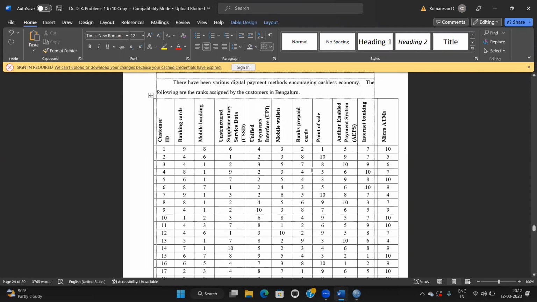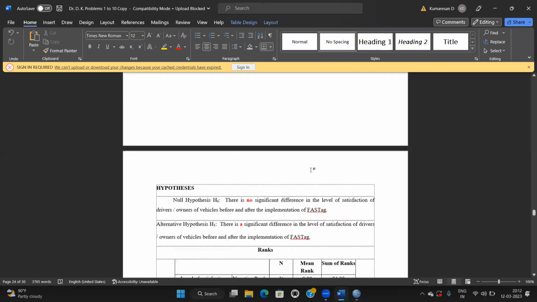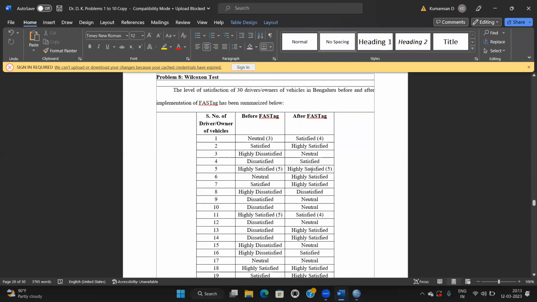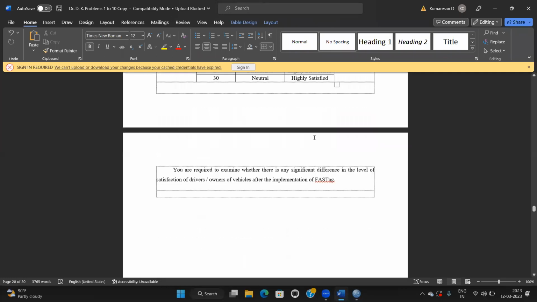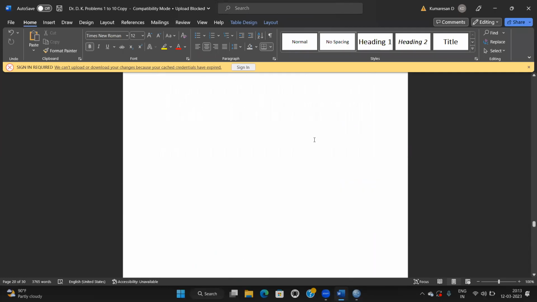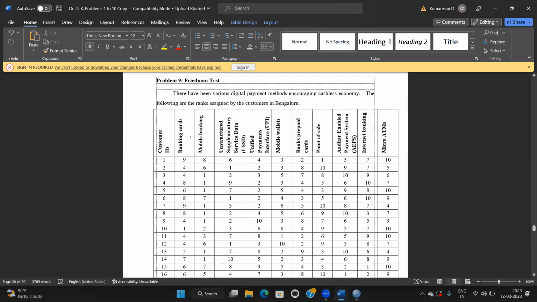Here, in the case of the Wilcoxon test, there are two related samples, before and after. But here, we are given 10 data. Earlier, one sample had 2 data. Here, one sample has 10 data.